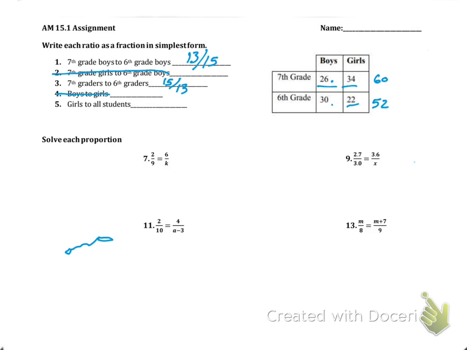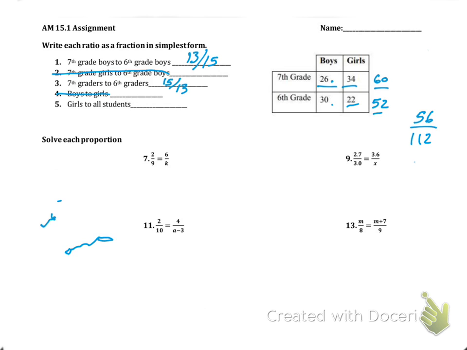So that's 34 plus 22, which is equal to 56. Then I add 60 and 52 for all of the students, so it'll be 112. Yep, 112.